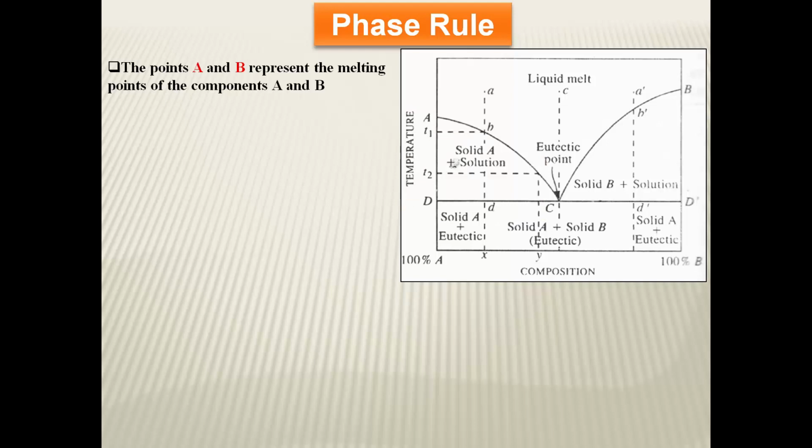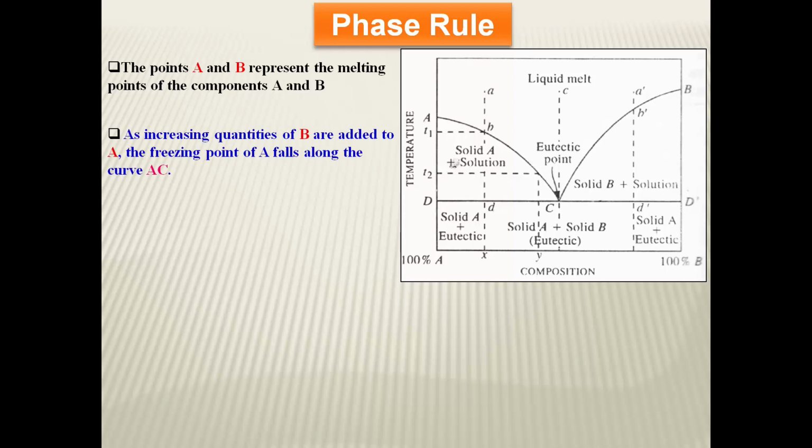Now, once we have well understood what is the relevance of ABD and how the freezing point falls when B is being added to A, we can very well tell that as increasing quantities of B are added to A, the freezing point of A falls along the curve AC.